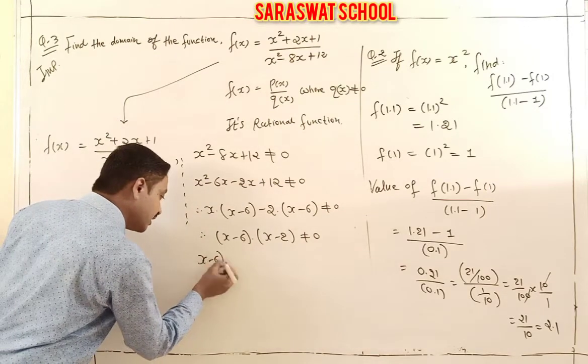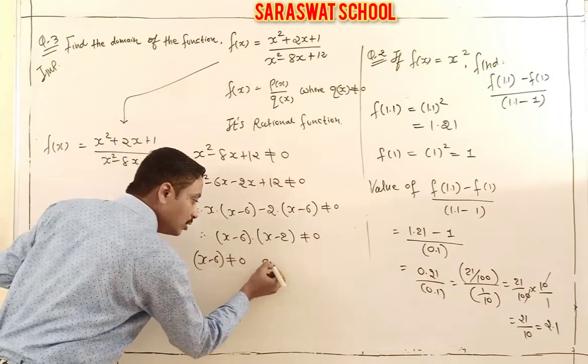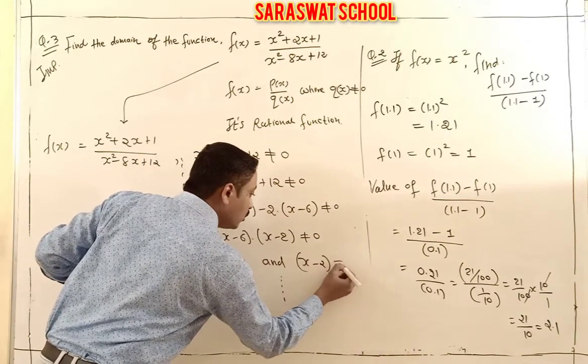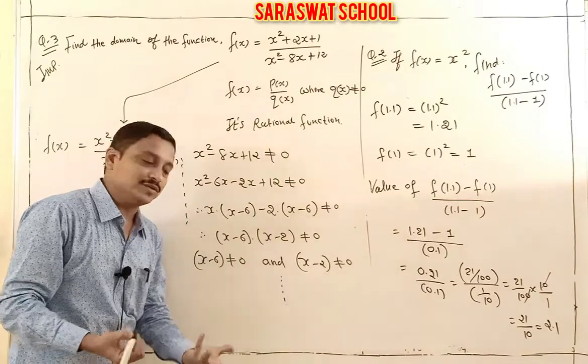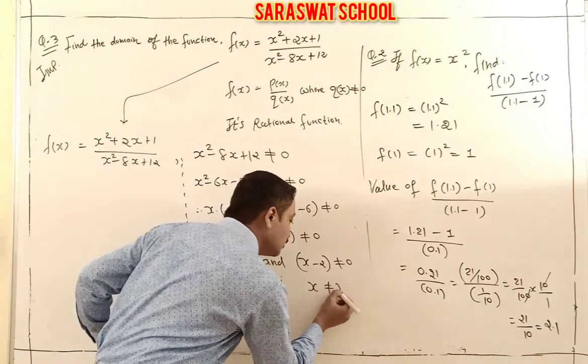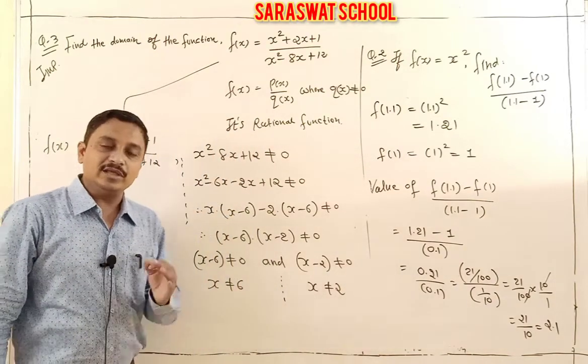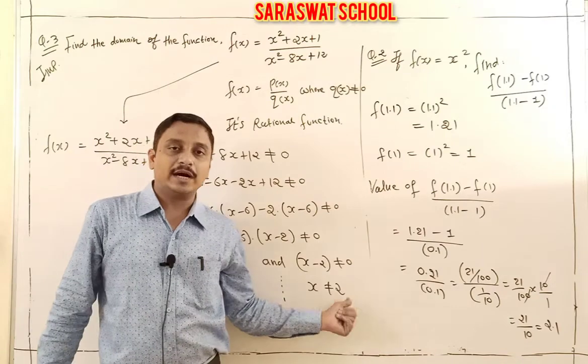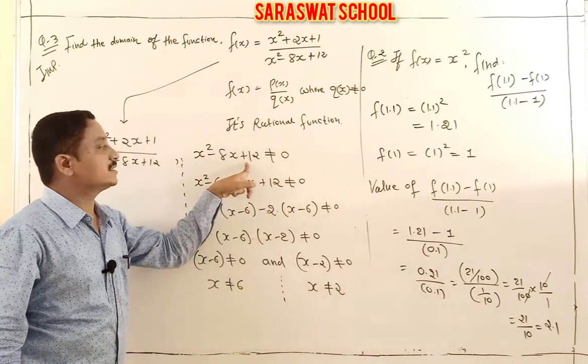One factor, x minus 6, is not equal to 0 and x minus 2 is not equal to 0. It means, students, x is never 6 and x is never 2. In the real numbers, 6 and 2 are not counted in this answer.